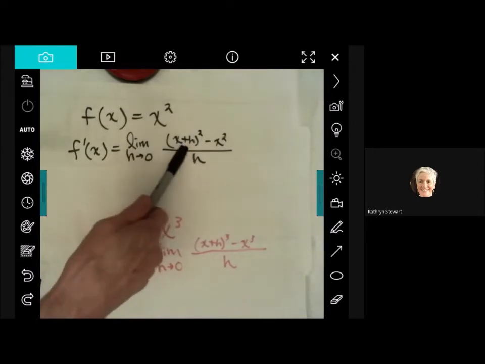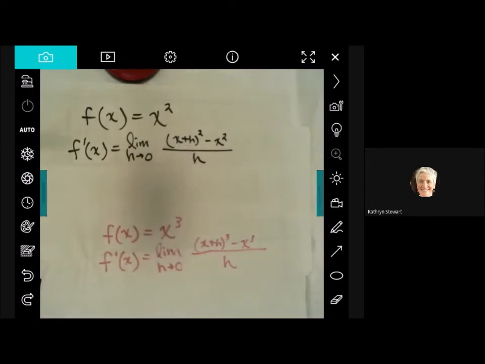I could expand that, combine like terms, and find my derivative. That's how we first learned about derivatives. Same thing here. I could expand (x plus h) cubed. So do these. Think about Pascal's triangle. Think about the power rule. Think about what you're doing, and I bet you'll see why the power rule works.